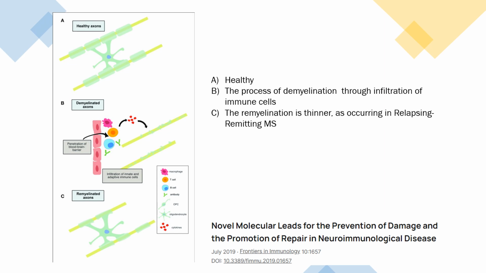And C shows you, if you look at it carefully, if you have relapsing remitting, you'll have a remyelinization, but it's not quite as thick. So you don't have quite as good of a myelin sheath as the original. So you have a progression of that disease. It's not quite as robust of a neural covering as the original healthy neuron.